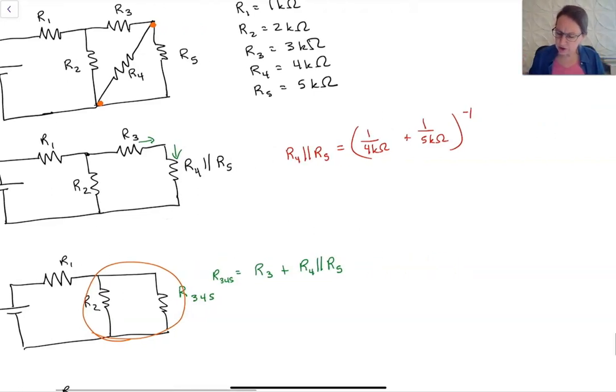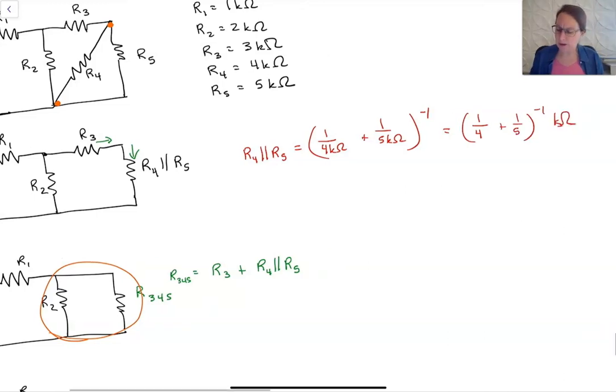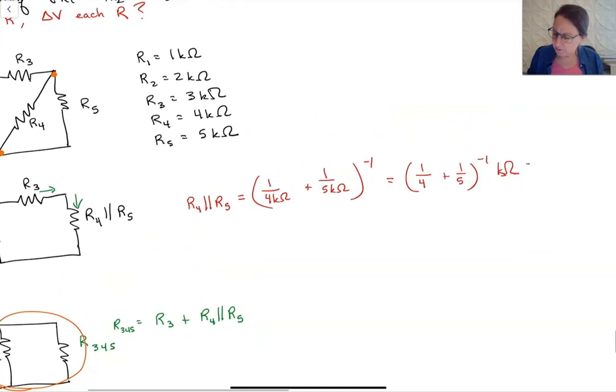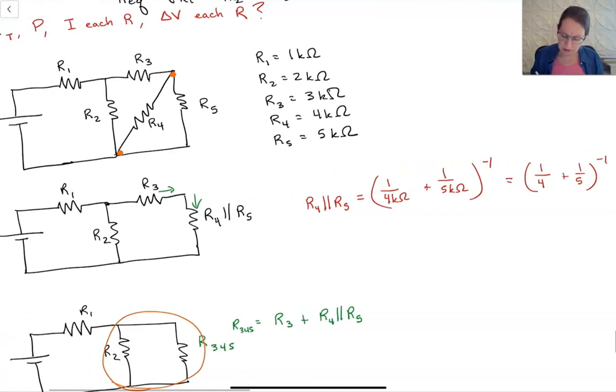So I tend to do this as 1 over 4 plus 1 over 5, all to the minus 1, and we're going to be left with kiloohms out there. Okay, so once we've done that, when I calculate that, this gives me 2.2 kiloohms.